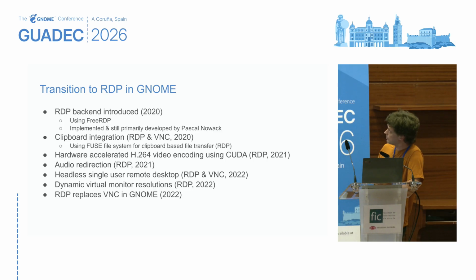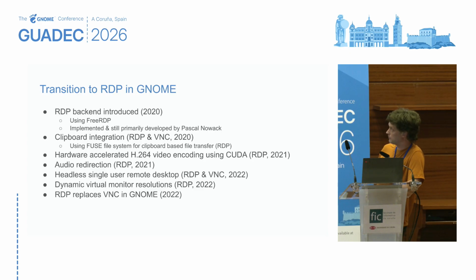It saw a bunch of features happening, mostly by Pascal here: clipboard integration, even using a file system for this file transfer using the clipboard feature that RDP has, that maps nicely to one of the Nautilus clipboard MIME types.